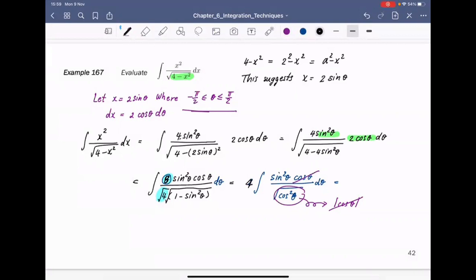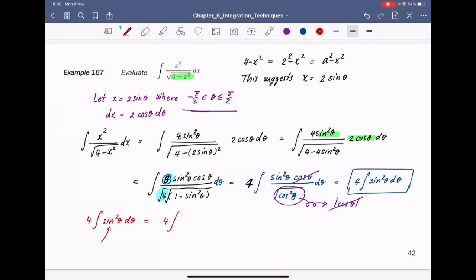All right, sounds good. Now you have 4 integrate sine squared theta d theta. All right, almost there. So how do you integrate sine squared? It comes back to 4 times the integral of sine squared theta d theta. For sure you need to use an identity, right? Because this is sine squared.